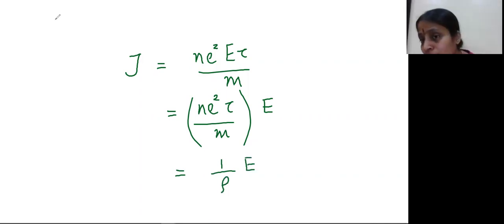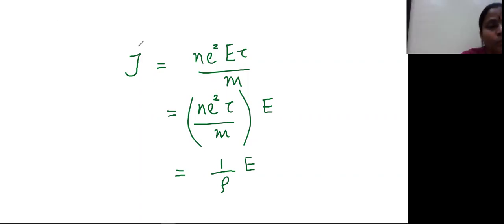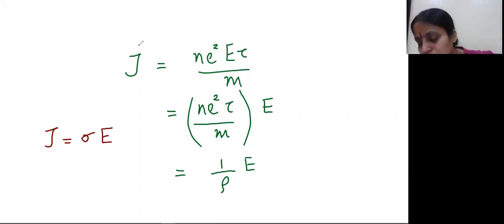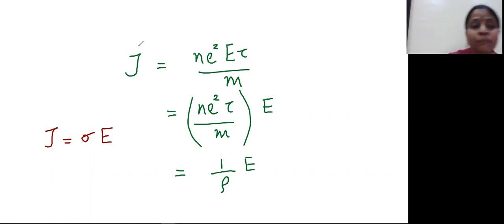But what is 1 by rho? 1 by rho is the reciprocal of resistivity, which is nothing but your conductivity. So what do I have now here? J is equal to sigma into E. Is that clear? Sigma is basically a scalar quantity, while current density and electric field are vector quantities. So if you want to denote it in vector form, you have to simply introduce a vector on this. This is nothing but scalar multiplication of a vector.